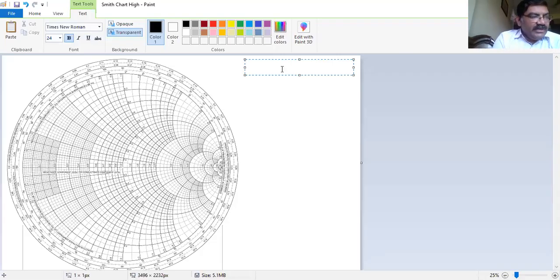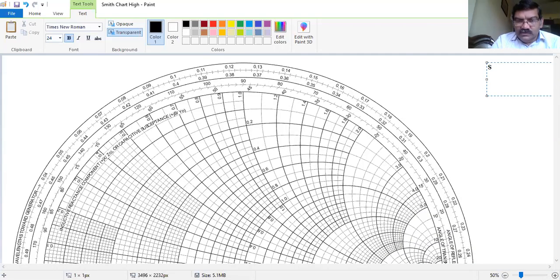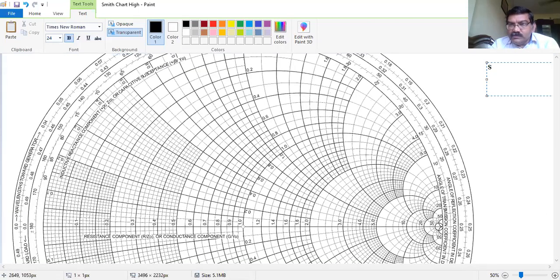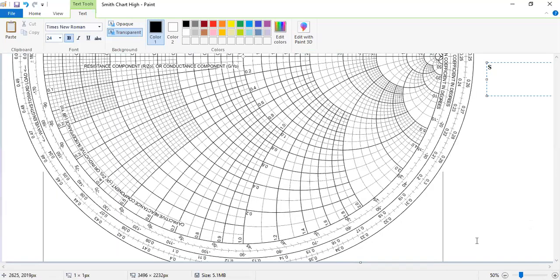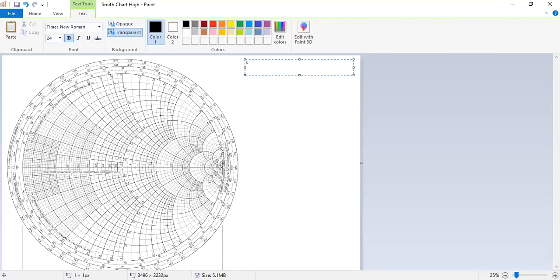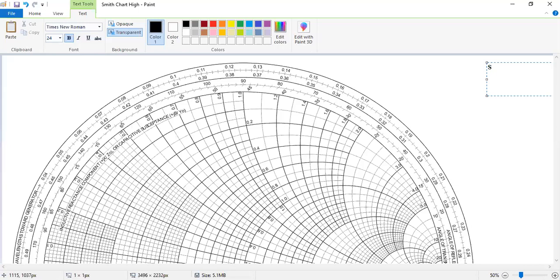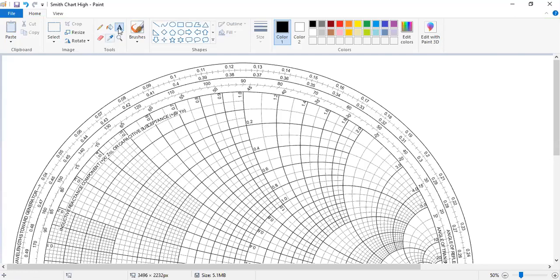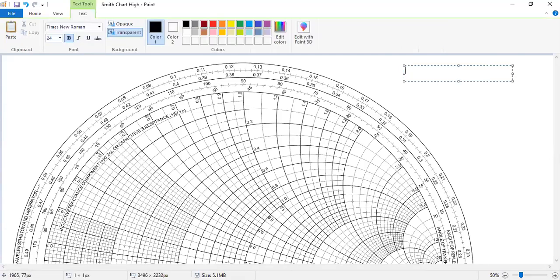So we will start with stub. I will start with shunt.